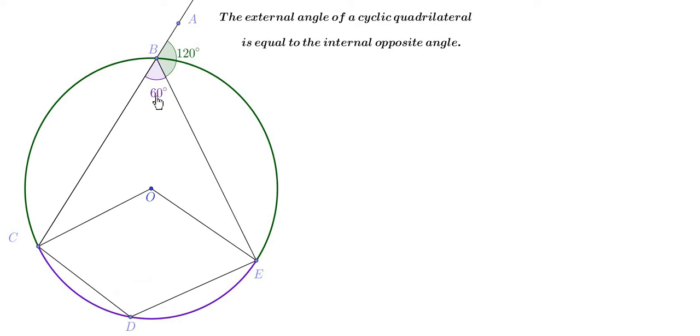So that's 60. Now, think of that angle there as having an eye, like a side view of a person's eye. It looks out and sees this purple arc here, and you'll see that it's standing on that arc, got two legs, it's standing on either end of that purple arc.